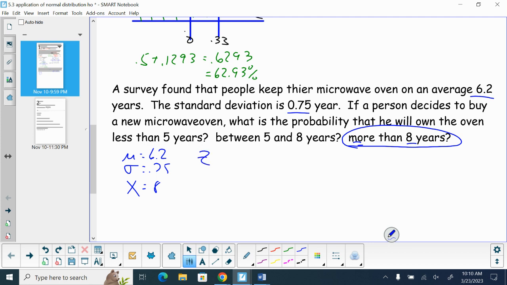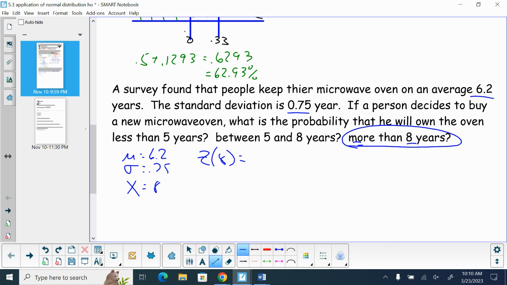So we want to calculate a z-score for this value of 8. Go ahead and calculate your z-score. Once again, value minus mean divided by standard deviation. Calculate your z-score.